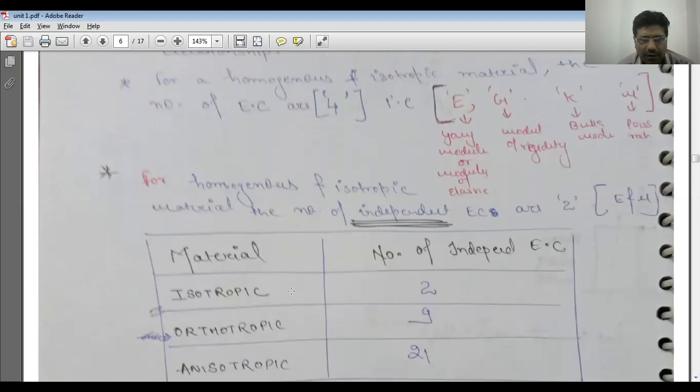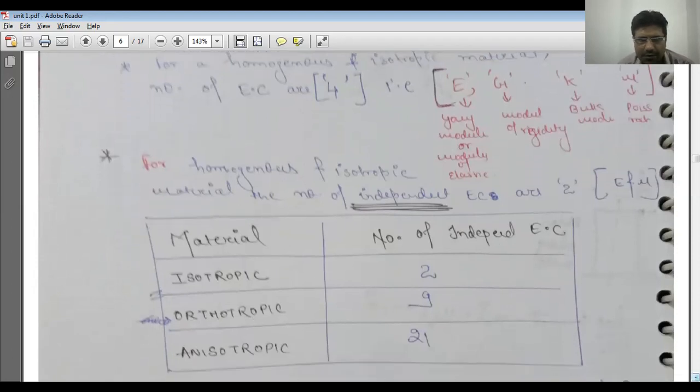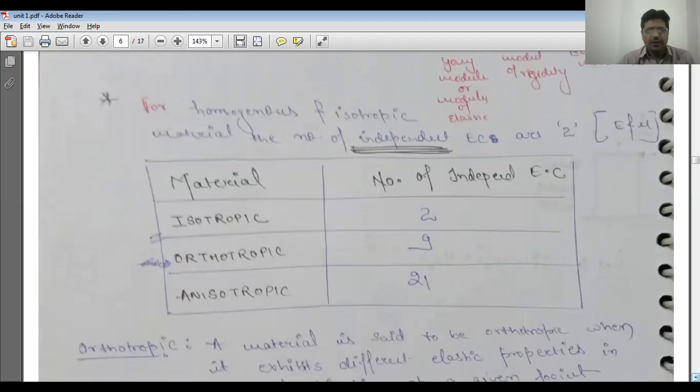These will not be discussed in detail, just for the sake of idea, because these will be taken into consideration while we study material science. In material, there are three types: isotropic, orthotropic, and anisotropic.